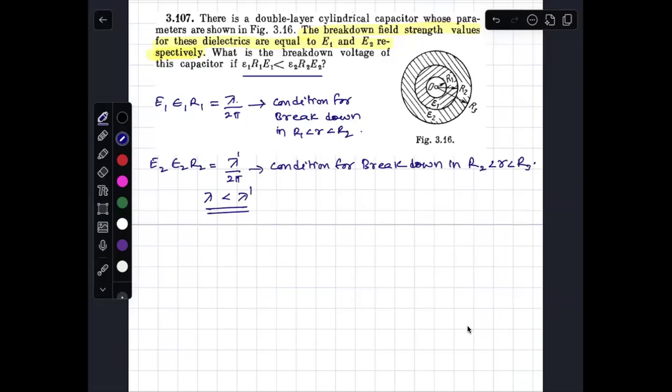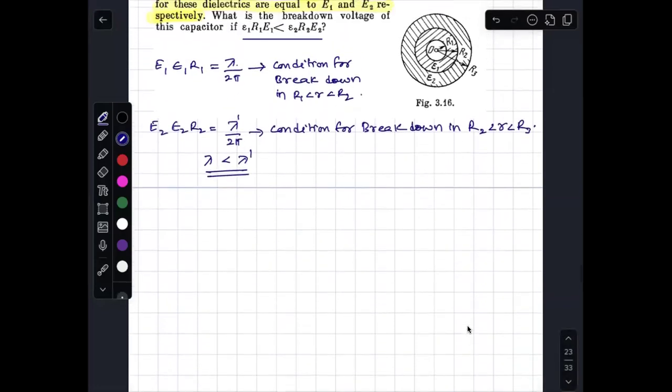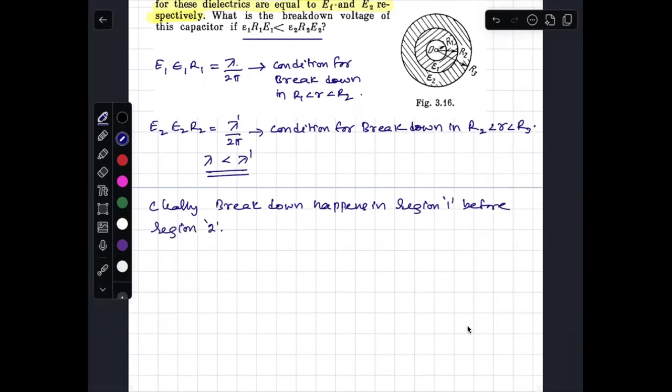So therefore, the meaning of this statement is clearly breakdown happens in region 1 before region 2. I am asking you again. This is the heart part of my question. Are you convinced with that or you want much more explanation of that?